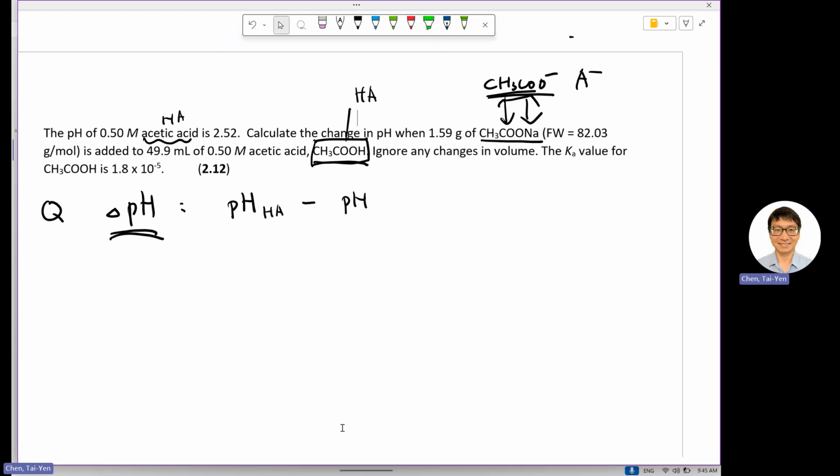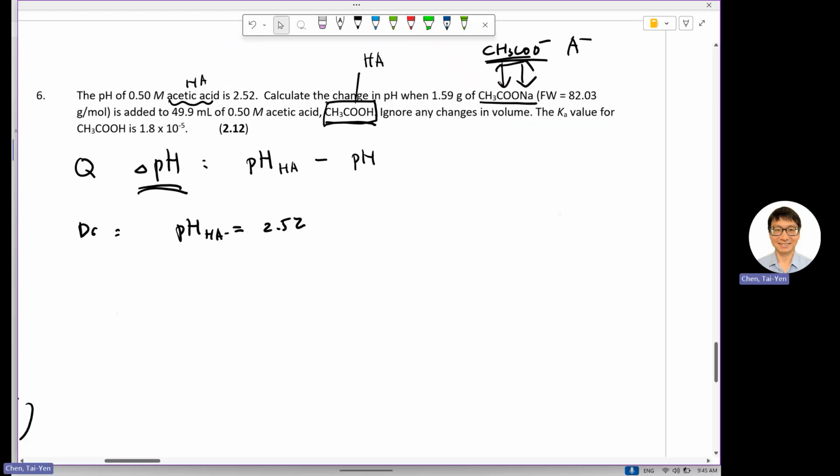I hope the answer is yes, it should be straightforward, right? But the difficulty here is that at least half of the students cannot see that you have a buffer solution here. So I want you to see this. Let's go through these things quickly. Data you have: the pH of your HA equals 2.52, right?